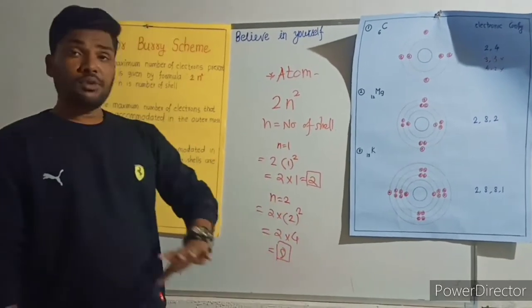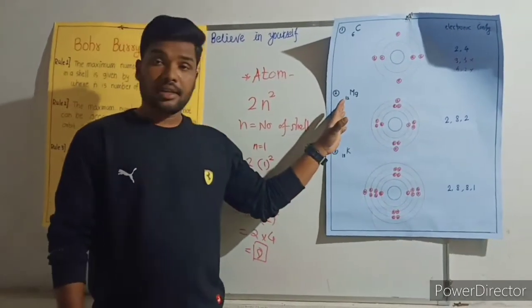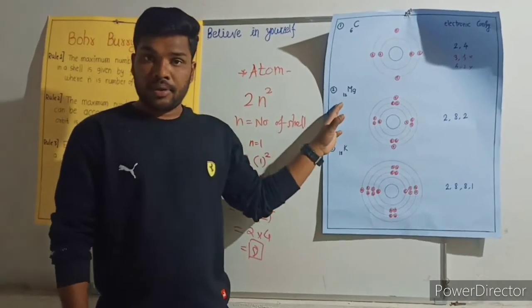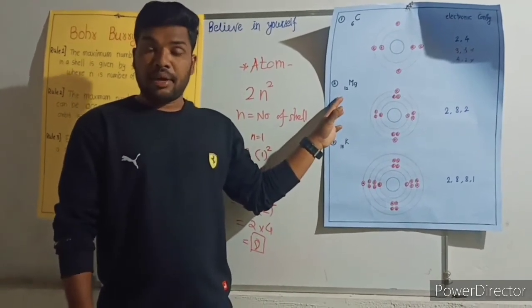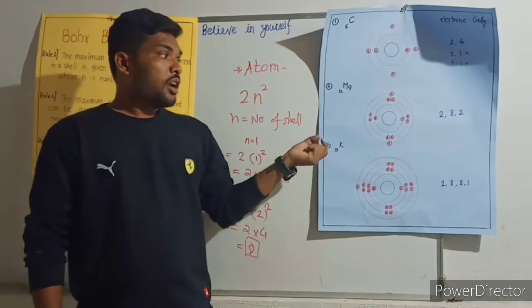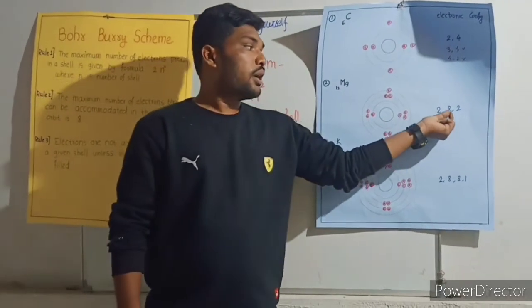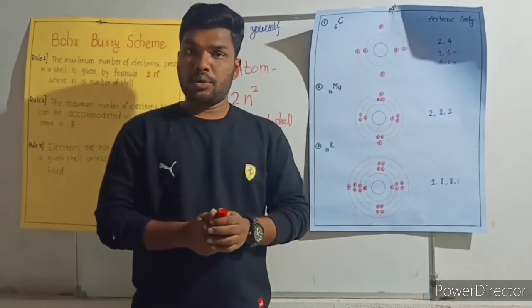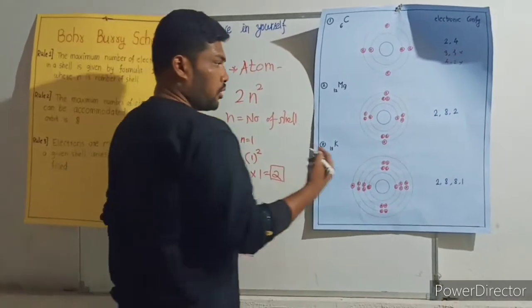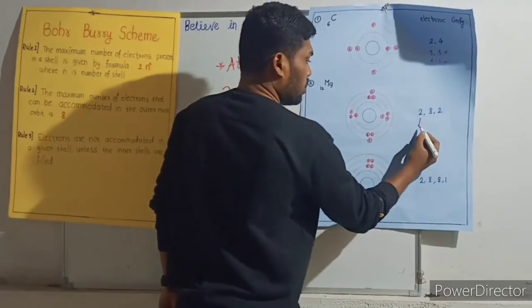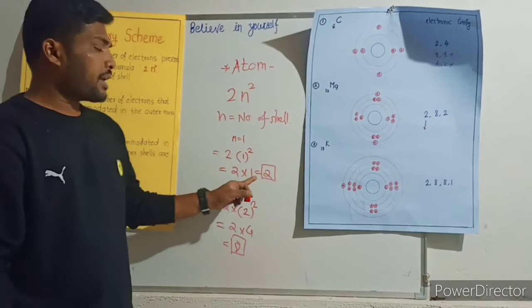In the second example, magnesium has atomic number 12, which means 12 electrons. So the electronic configuration comes 2, 8 and 2. Why 2 here? Because the first cell contains a maximum of 2 electrons.